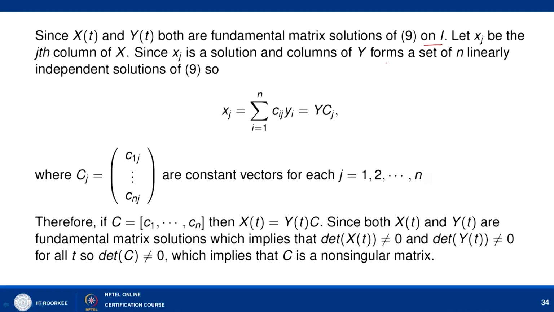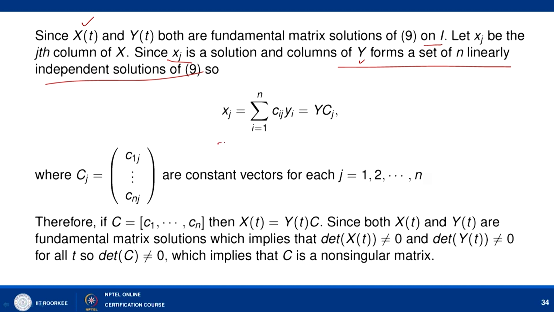So, using this let us find out the matrix C which we wanted to know. Let X_j be the jth column of the fundamental matrix X(t). So, X_j is a solution, and the columns of Y form a set of n linearly independent solutions, or we can say the columns of Y form a basis of the solution set of X' = AX.